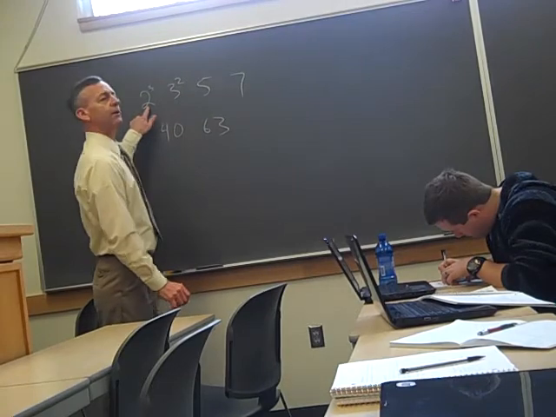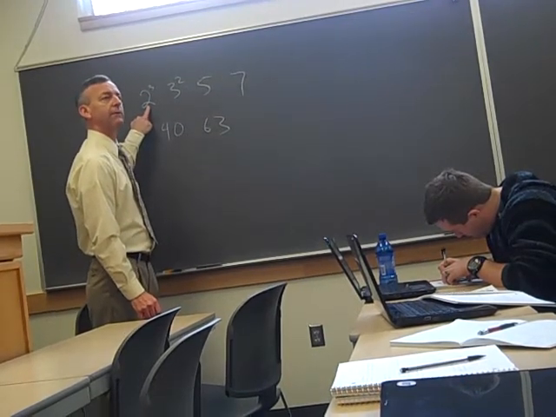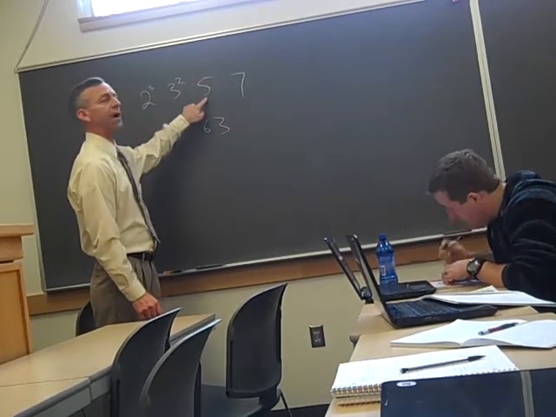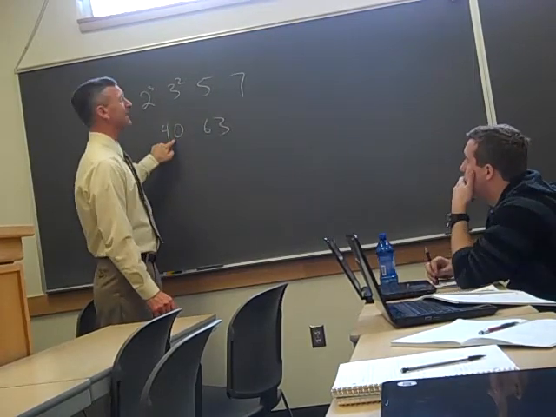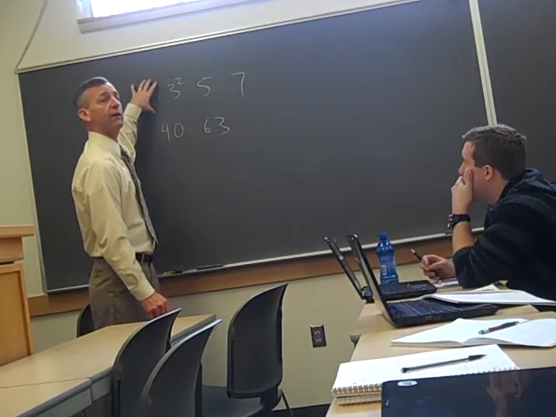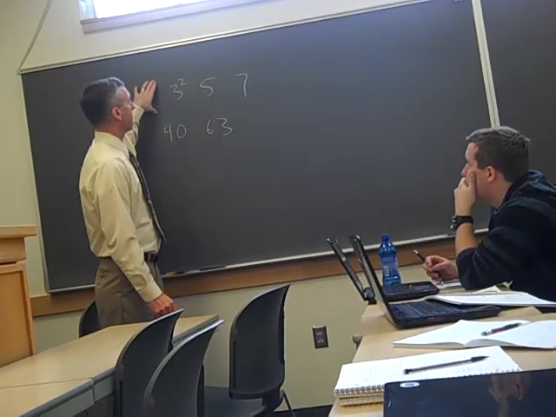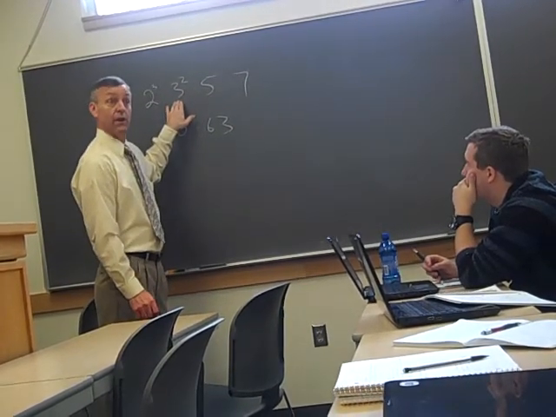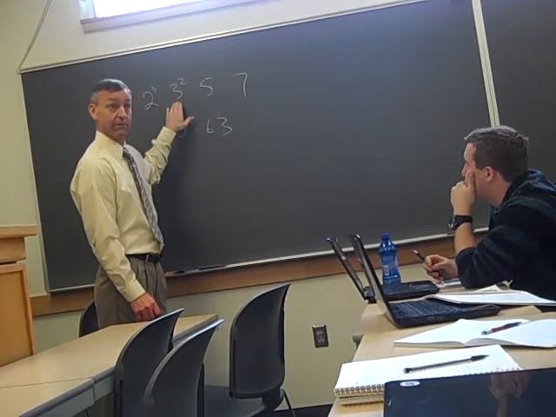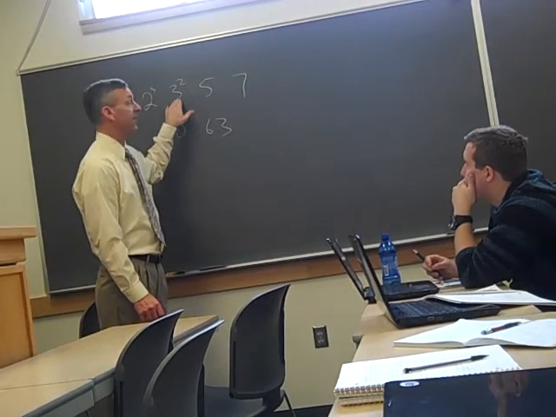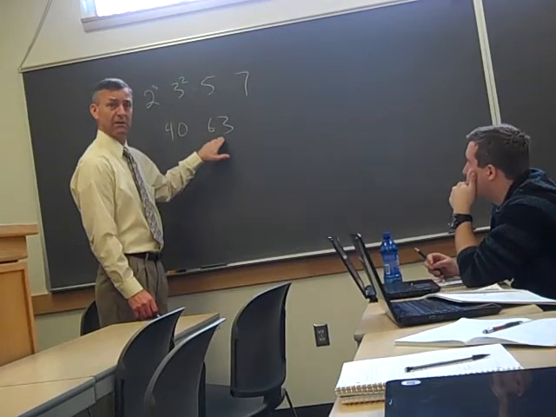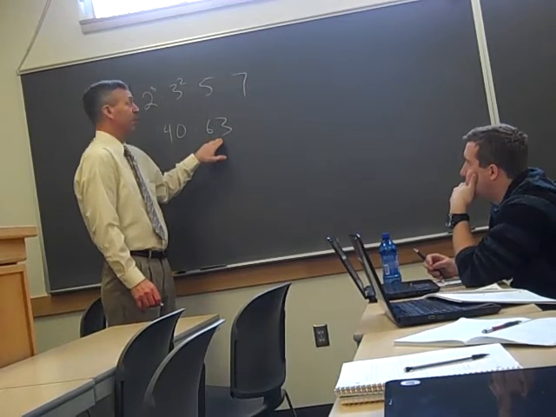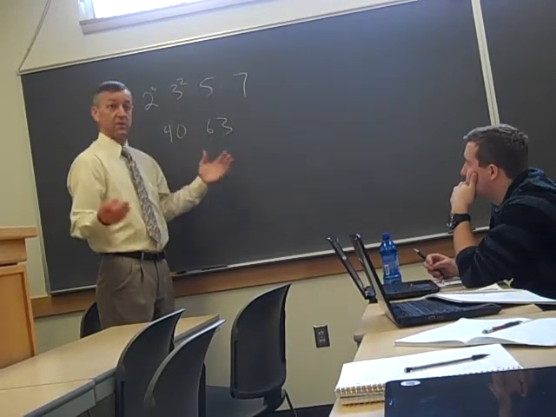I took the 2 to the third, and that's what? 8. And 8 times 5 is 40. What's left over after I've used all the 2's and the 5? 7 and the 3 squared, which is 9, and 9 times 7 is 63. So I don't know what the number is, but 40 times 63 will give it to me.